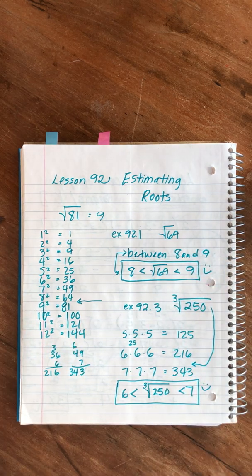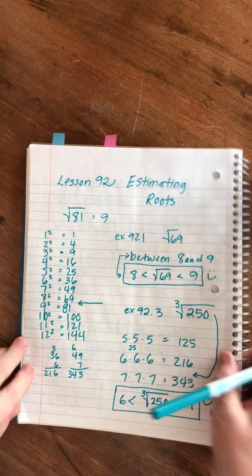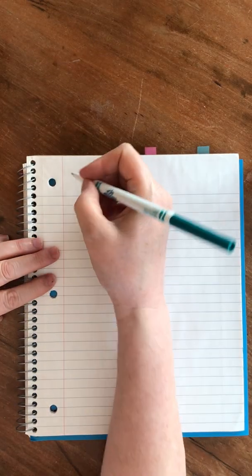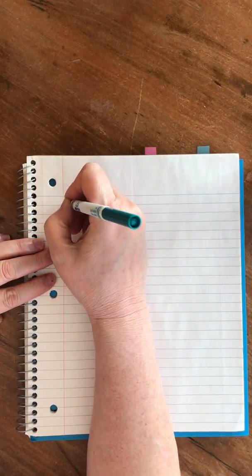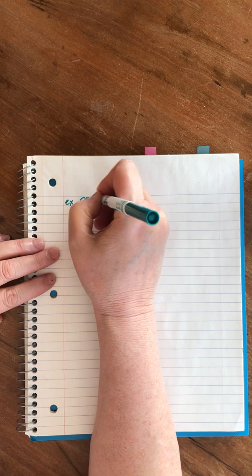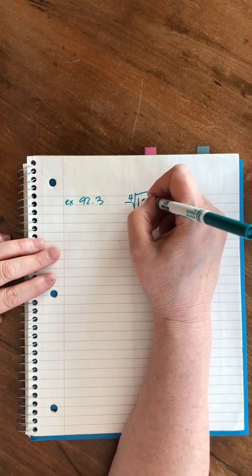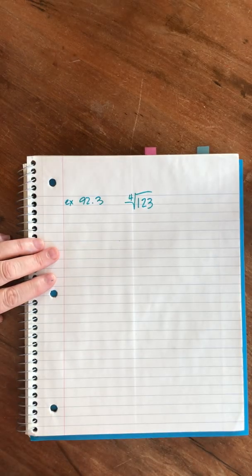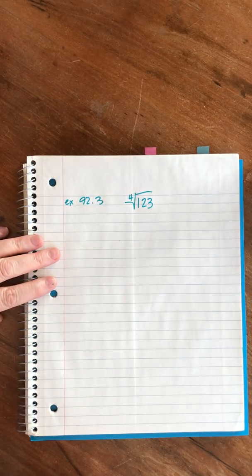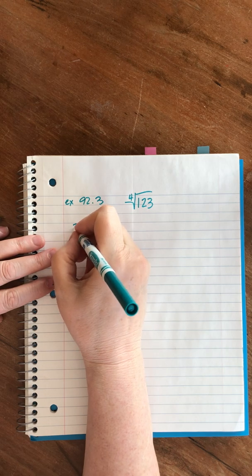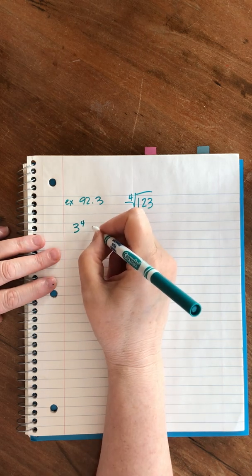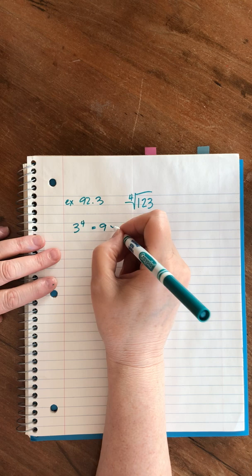And then there's one more. I'm going to flip my page. This one is the fourth root of 120. Oh my gosh, these numbers. Okay, fourth roots, I know that 3 to the fourth power equals 9 times 9, right?